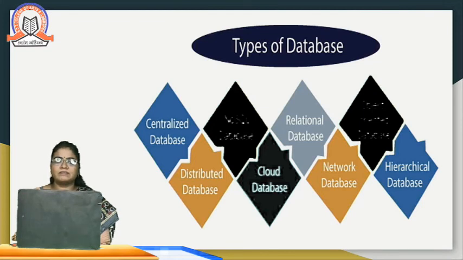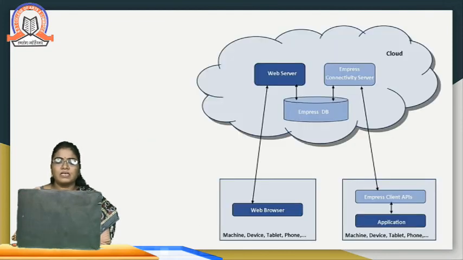These are the types of databases. So a cloud database is something we can activate anywhere in the world using a mail ID. For example, if we have a Gmail ID or any mail ID, the cloud is provided by Google and different providers.